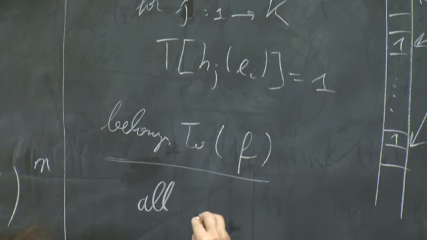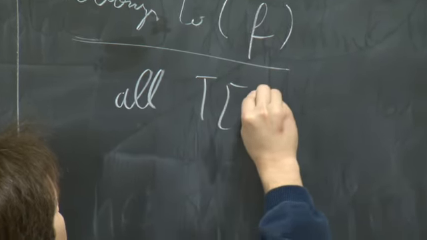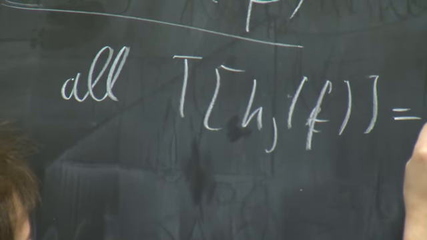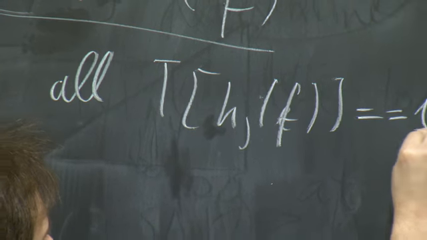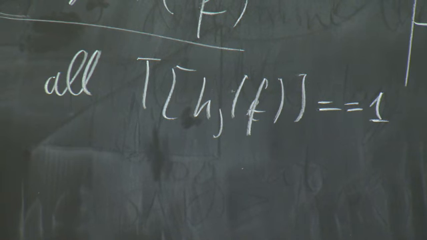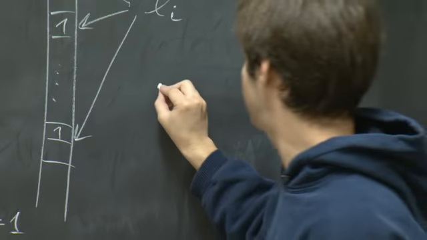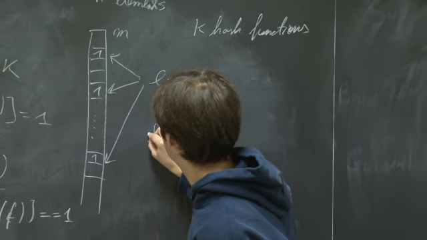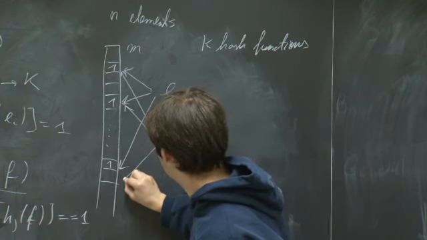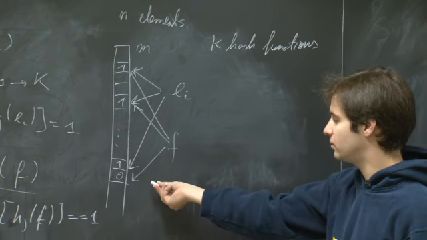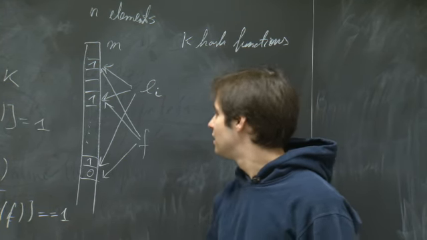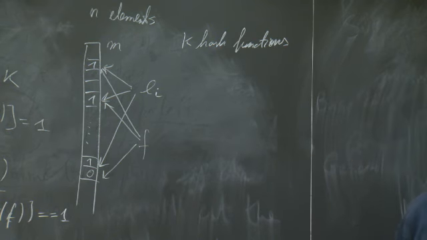So all of the table entries at h_j of the element have to be 1. For every element, we hashed it k times and set the corresponding bits. If we have a new element, and by hashing it we get here and here, but we also get here, and this one was a 0, then we know we definitely didn't put this in. So now what's the probability of a false positive?